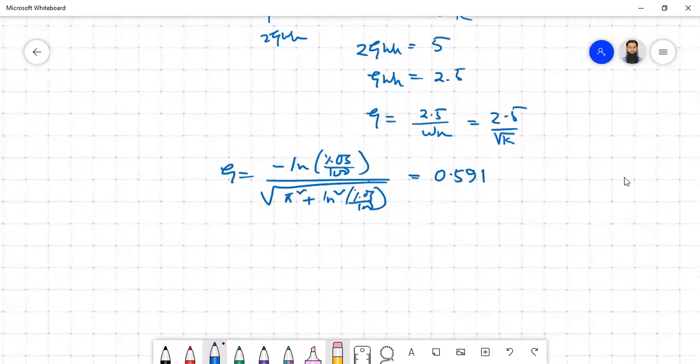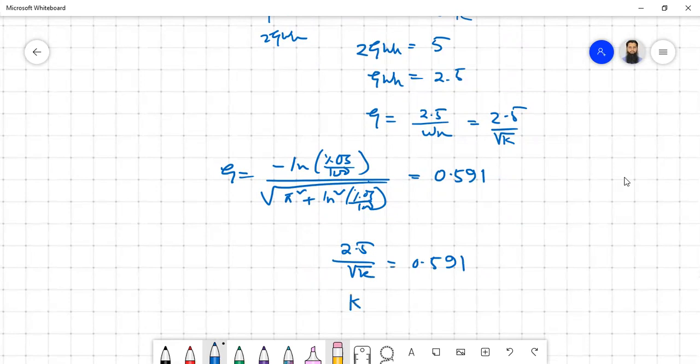So 2.5 by root over k is 0.591. If you manipulate a bit, we get k equal to 17.9. So this design problem specifically looks for a specific percent overshoot.